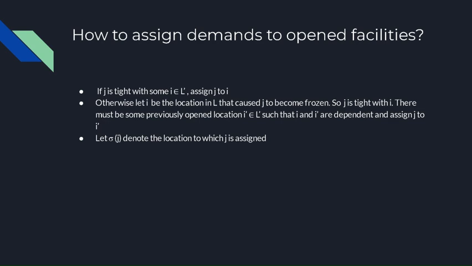So I dash was added first, and then I came, and because of the dependency it was not added to L dash. So in that case what we'll do is assign J to I dash. This is how we'll do the assignments. And finally this is some notation. We are saying that sigma J says that this particular location is assigned to J.